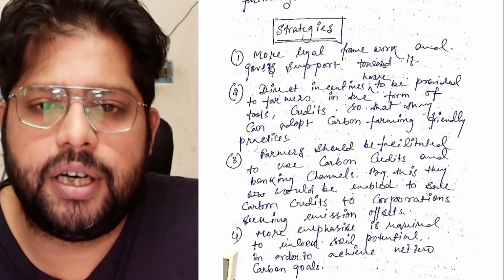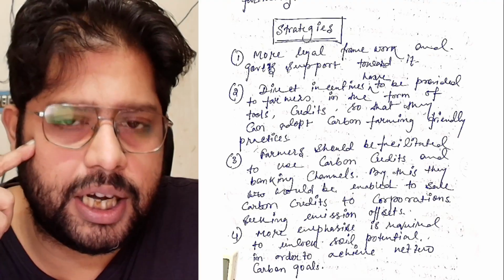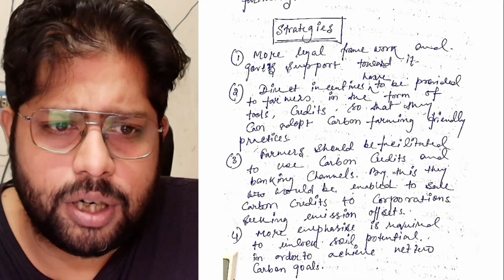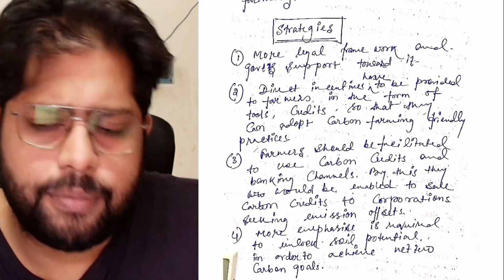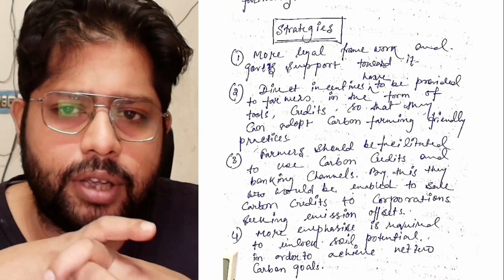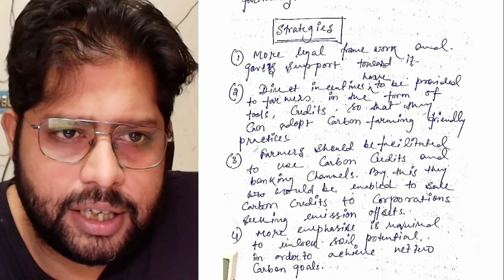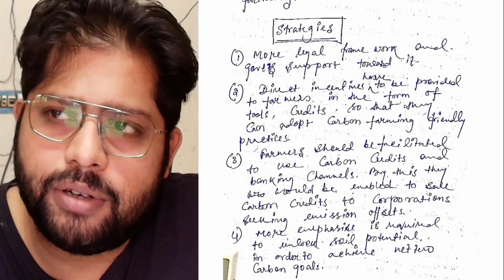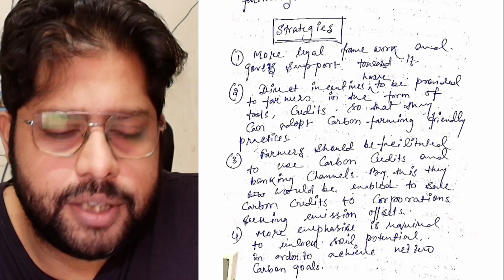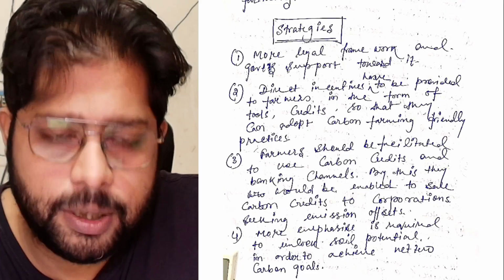The first is more legal framework and government support toward it. The first thing which is very important here is the legal framework. That means we have to enact some acts so that we can make carbon farming mandatory, keeping in mind the upcoming disaster which could happen because of global warming.